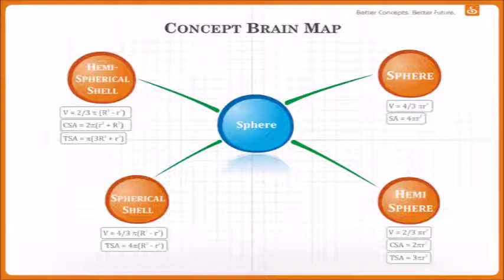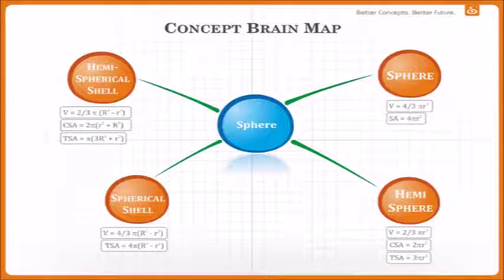Now for a hemisphere, we have the volume as 2 upon 3 pi r cube, the curved surface as 2 pi r square, and the total surface area will be curved surface area plus area of the base, that is 2 pi r square plus pi r square, which is 3 pi r square.